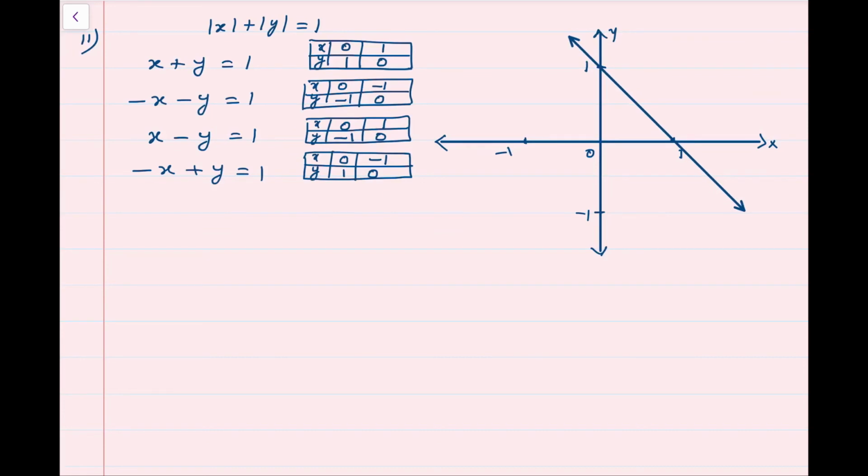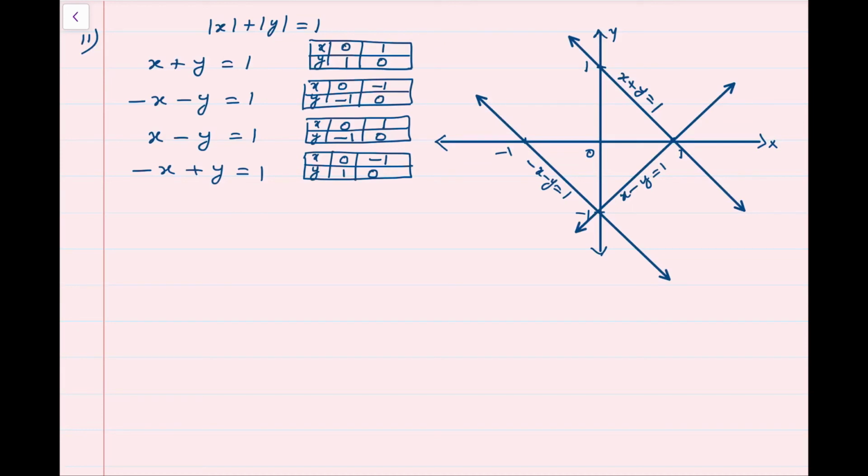The first line passes through 1, 0 and 0, 1: x plus y equal to 1. The second line passes through 0, minus 1 and minus 1, 0. This is minus x minus y equal to 1. The third line passes through 0, minus 1 and 1, 0: x minus y equal to 1.